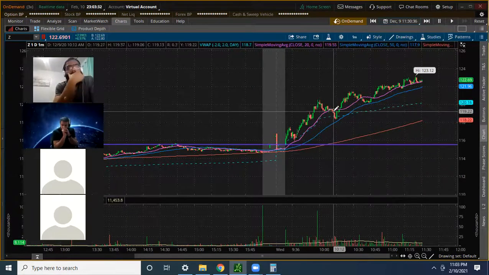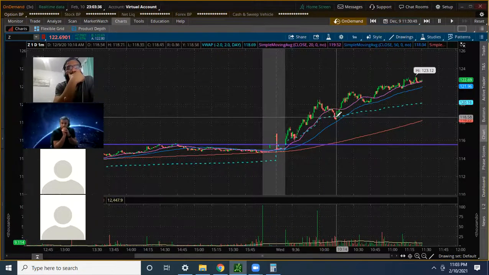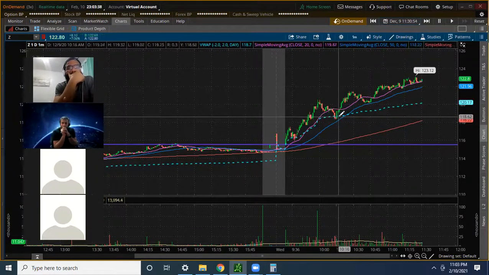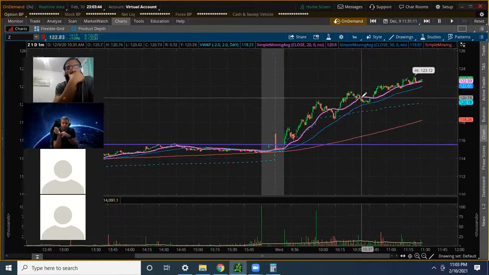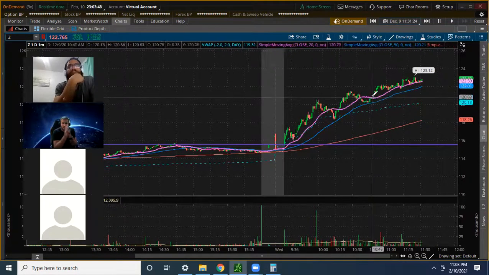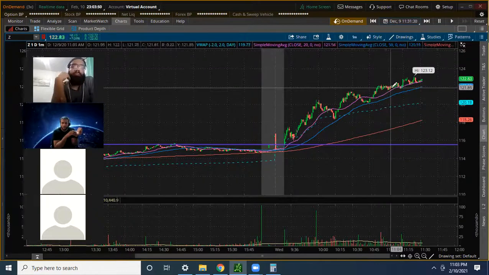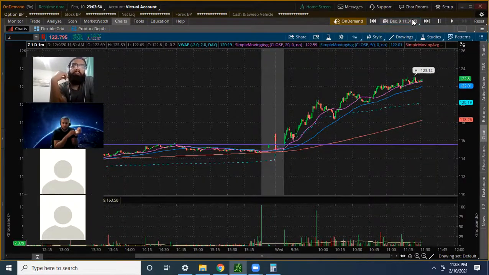Comes down, breaks the 20 as support. And where does it find support next? The VWAP. That's why VWAP is important. Bounces up from the VWAP, goes up, comes back down, breaks the 20, uses the 50 as support, comes back up, and rides the 20 all the way to 124, if I'm not mistaken.